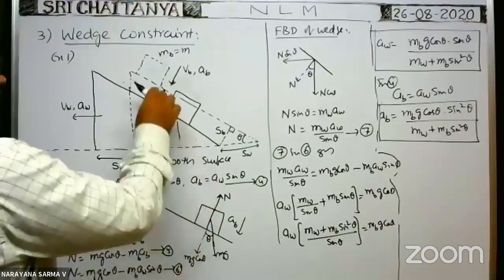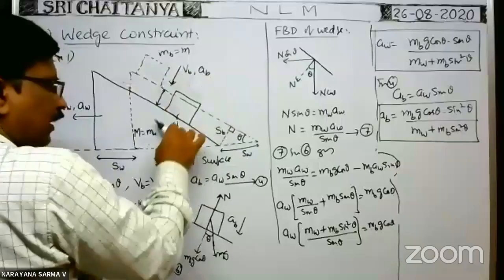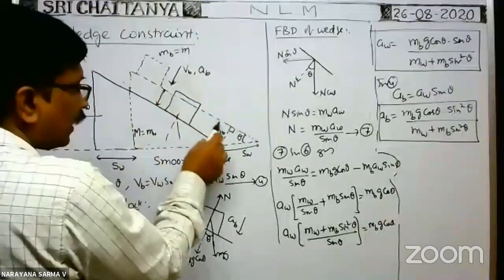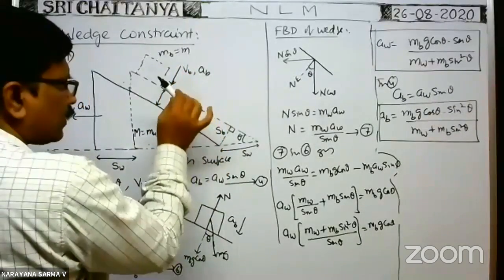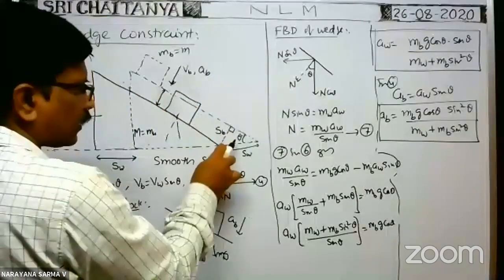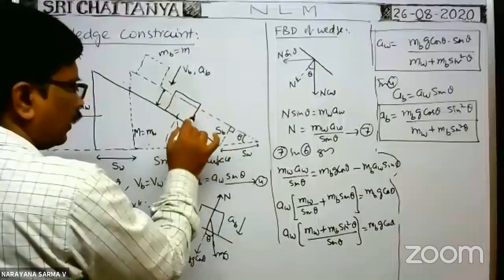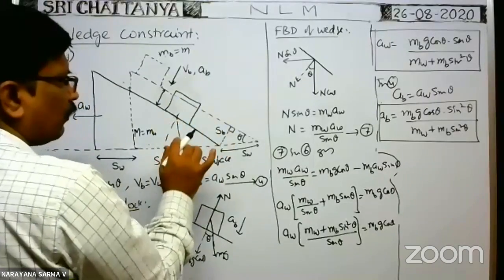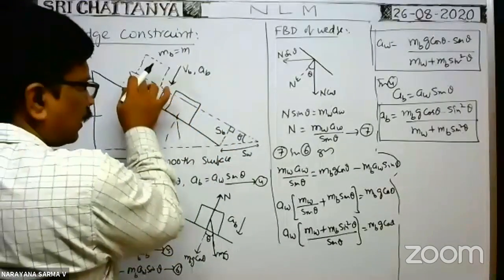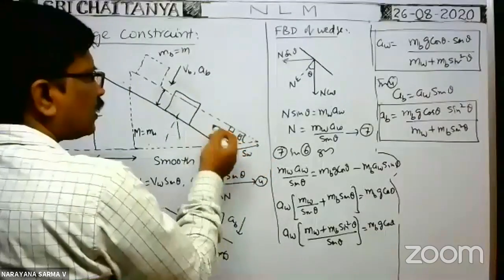Okay, along the perpendicular to the incline, we know the acceleration. Along the inclined surface, the only force acting on the block is its weight component, mg sin theta. So the acceleration with which the block travels along this direction is g sin theta only.